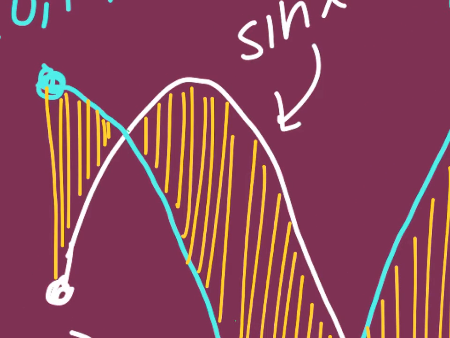So let's think about that. When is the first time that sine and cosine are equal to each other? At pi fourths. So this value right here is pi fourths. And what value do they both share right there? Rad 2 over 2.